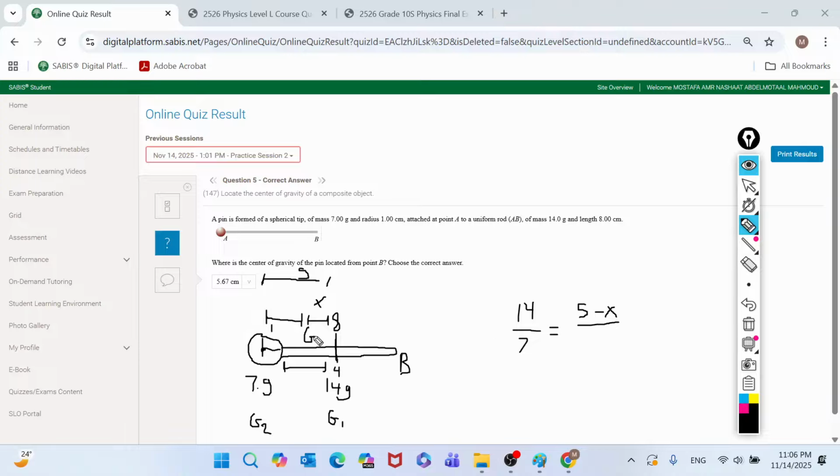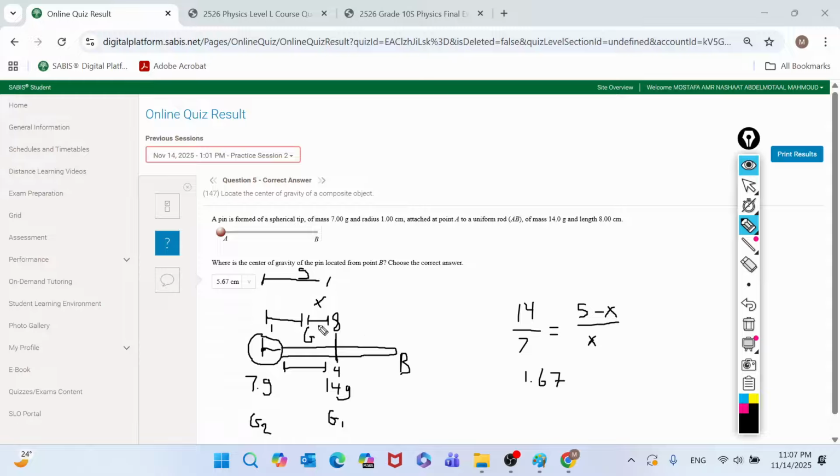So 5 minus x over GG1, which is x. Guys, if you do shift solve, let me do it on my calculator. You're going to get 1.67. So x, this distance, is 1.67.